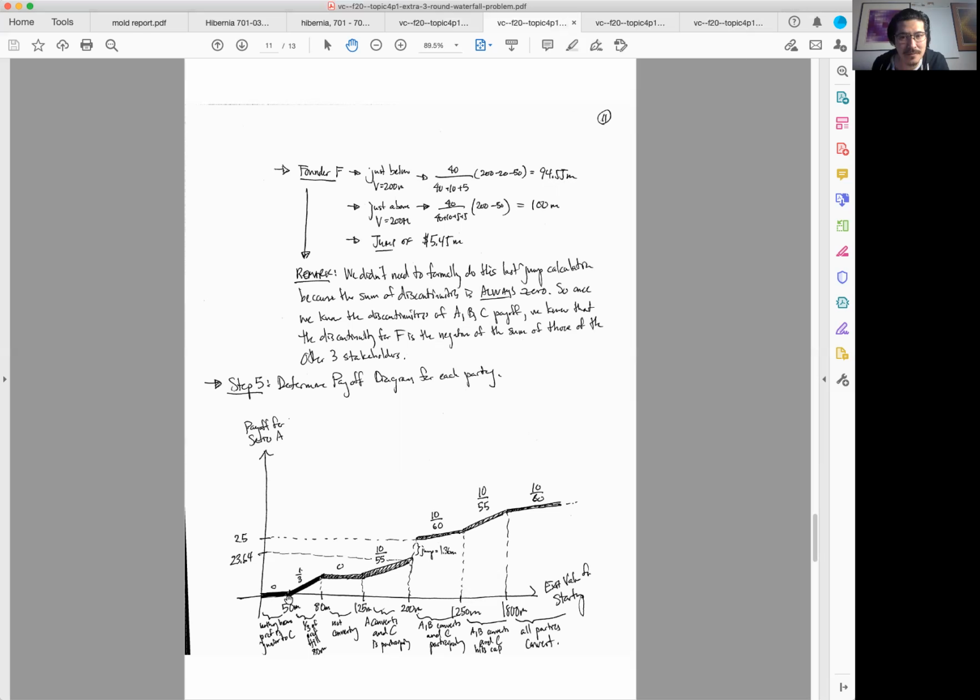Yes or no? Then from 50 to 80, they get 1/3 because they're equal preference with Series B. They have 10 million, Series B has 20 million, so they have 1/3 of it. So far, so good? Then we know from 80 to 125, they're plateaued at 10.